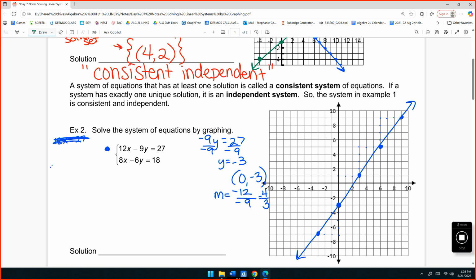Okay, I'm going to do the same thing with the second line. Now, just to be different, I'm going to choose on my second line to convert this into slope-intercept form. So let's say that's the route I want to go. I would subtract 8x from both sides.